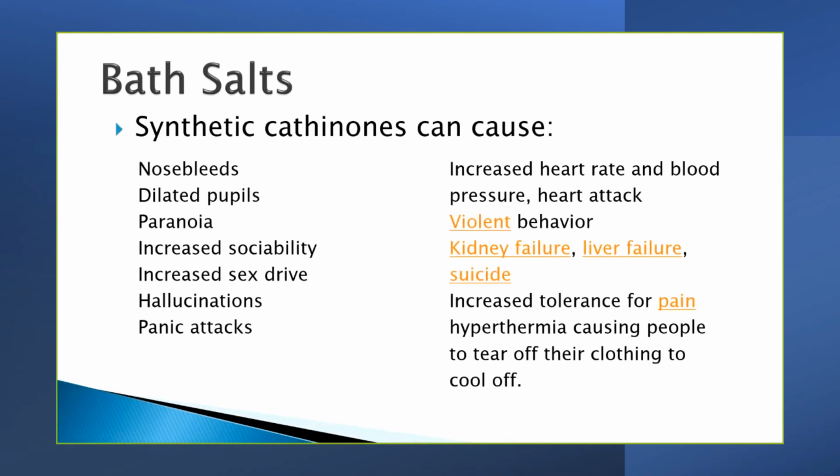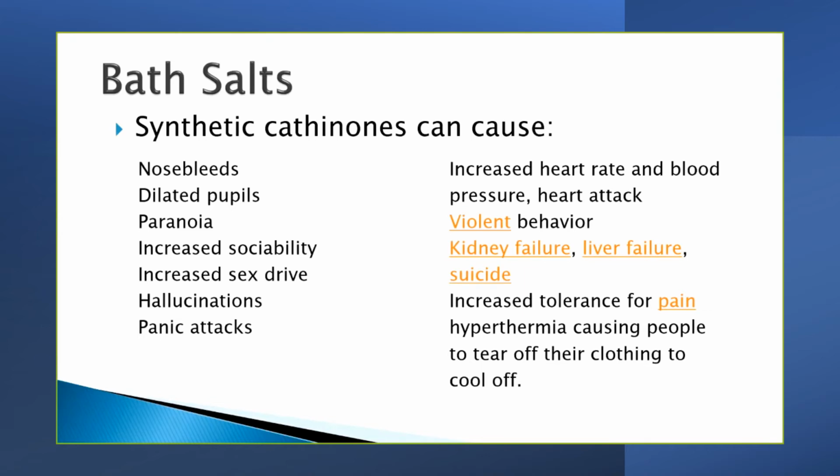So, synthetic cathinones can cause nosebleeds. Partly, if you're snorting it, because of that, but it can also increase your blood pressure enough that it causes your nose to bleed. Dilated pupils. Pupils are one of our best tells, if you will, when we have a client come in.